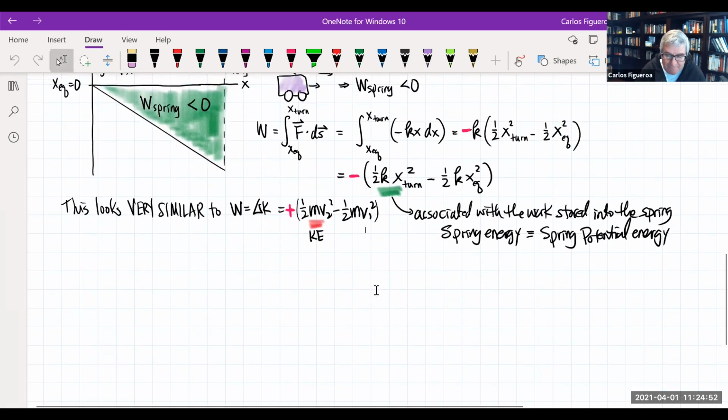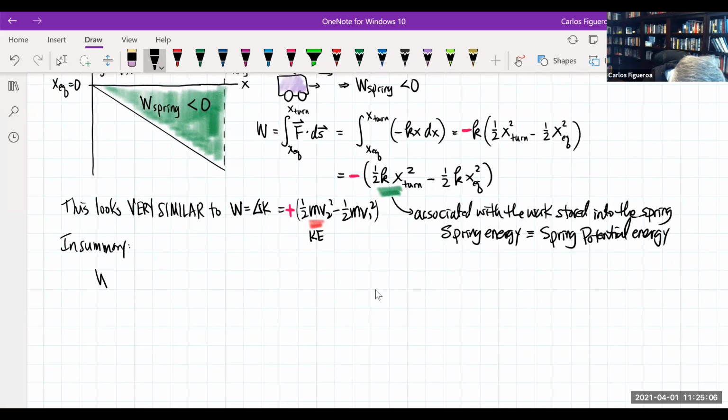Okay, so let's be very, very clear so that we know exactly what we mean. So here's what we're saying here. So in summary, we have the work of the spring is then going to be minus 1/2 k x2 squared minus 1/2 k x1 squared.